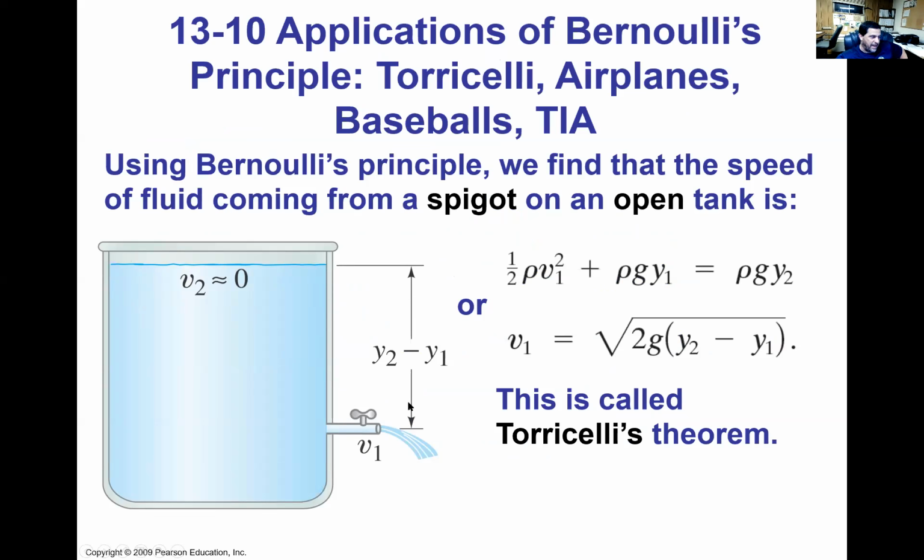And you have an elevation difference. You can reduce Bernoulli's principle to this, which is called Torricelli's theorem. The velocity at this spigot is being driven by the head that's above it. So the greater the head, the more water that's above this spigot, the faster the velocity is coming out of it.